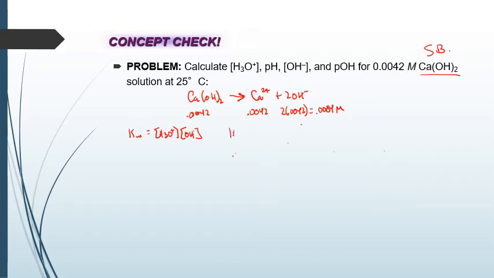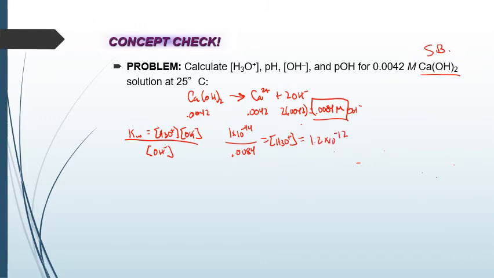Kw, again, is always 1 times 10 to the negative 14th. So I can divide both sides by the OH minus concentration, which was 0.0084, and that will tell me the H3O plus. I have 0.0084 for the OH minus, and for the H3O plus I have 1.2 times 10 to the negative 12th.